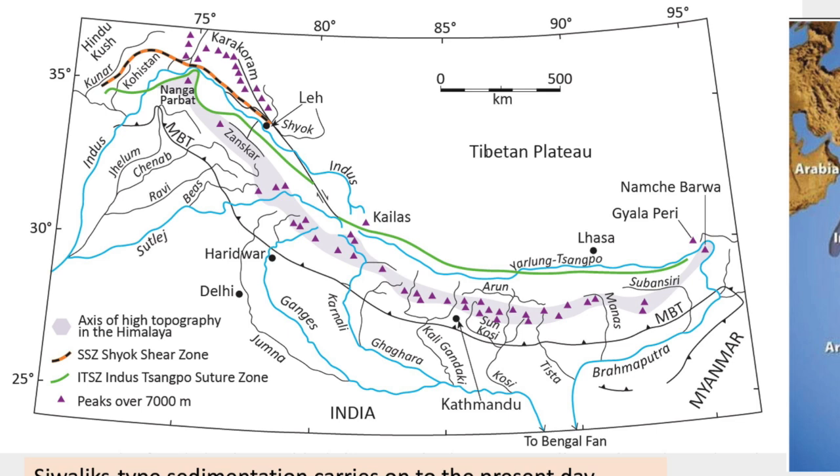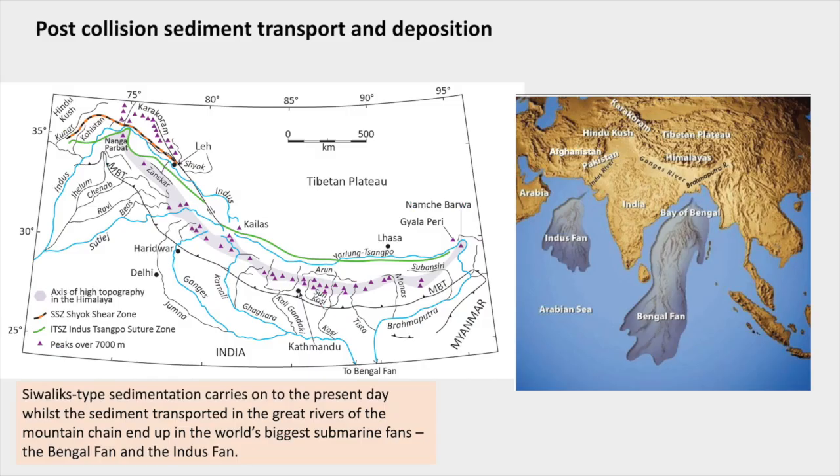The Indus flows the other way, north up here and then down to Karachi. They shed sediment into the ocean, the Arabian Sea, and the Bay of Bengal.